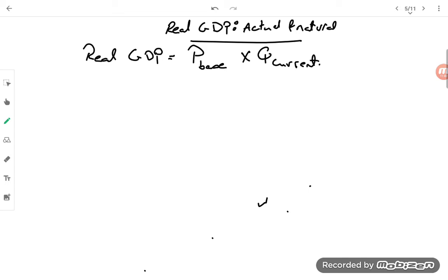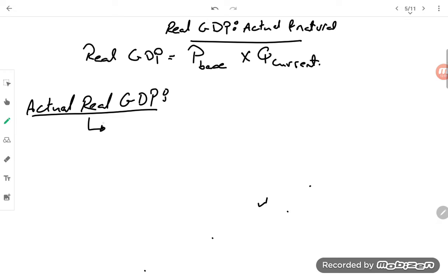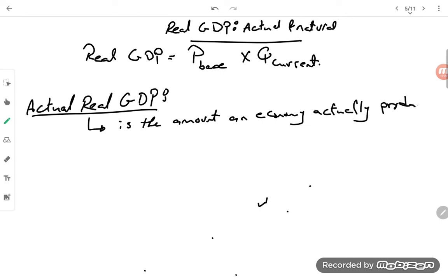Now we have to differentiate between actual and natural real GDP. What's the difference between both of them? Actual real GDP is the amount an economy actually produces at any given time.